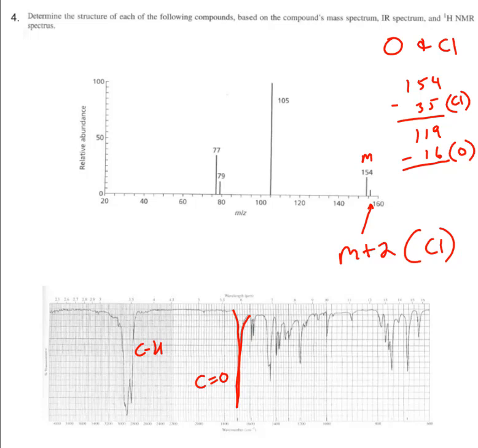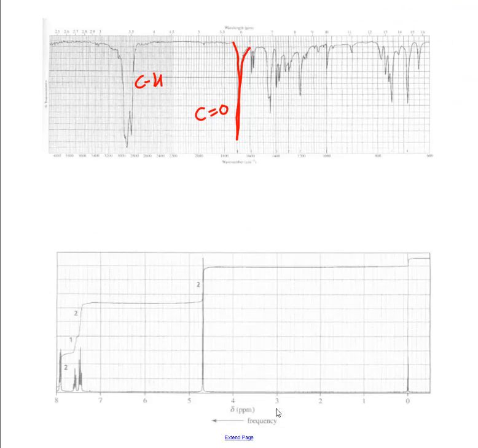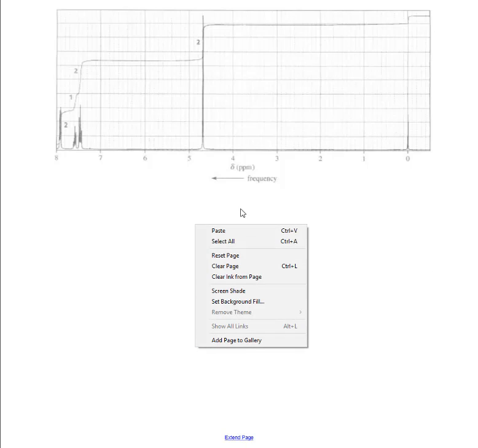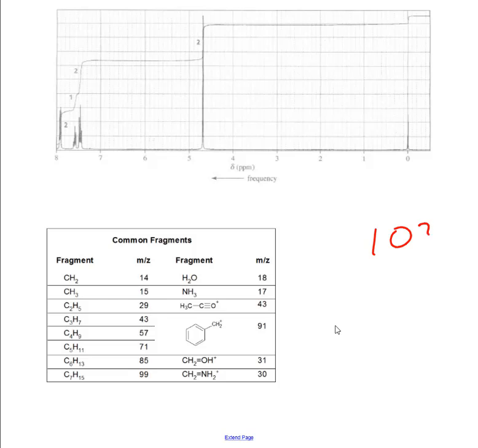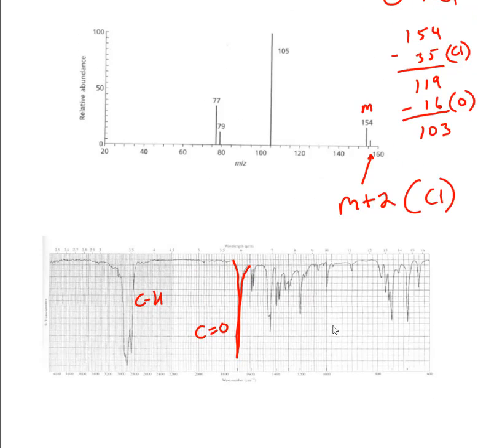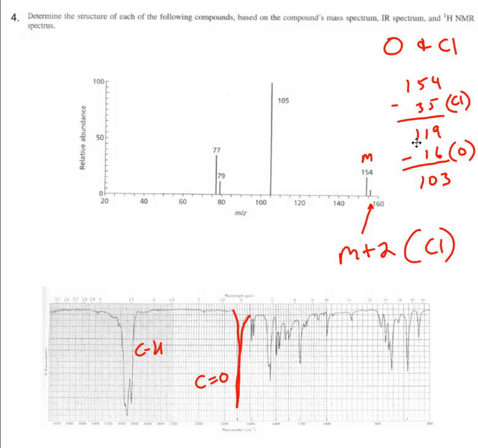And so now we're left with 103. So what is going to bring us to 103? Let's go ahead and pull that up. So we're looking for 103, right? And actually, yeah, that's fine. You guys, so 103 is the number after minusing out the O and the Cl, right?